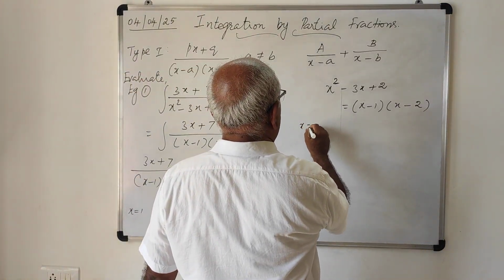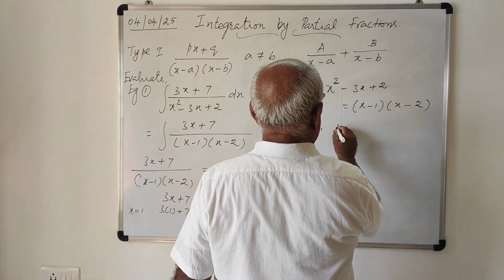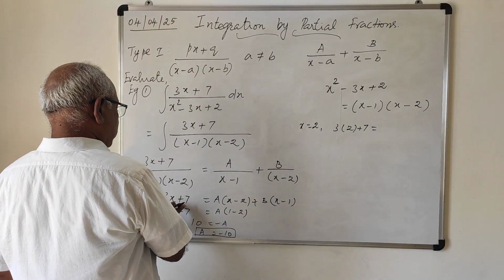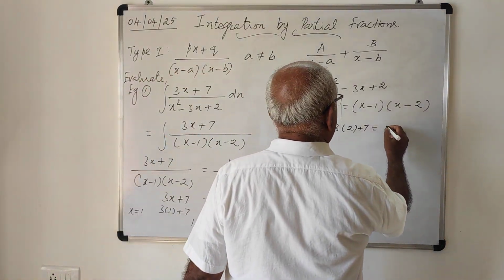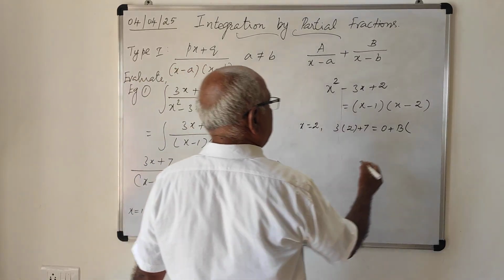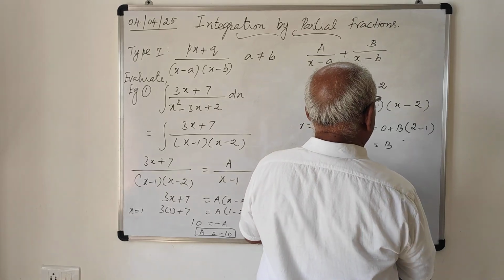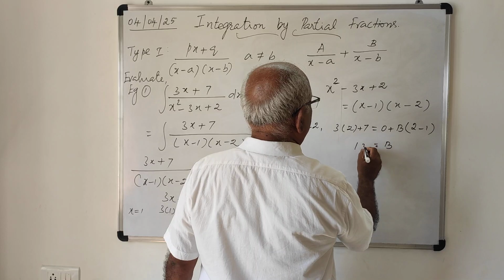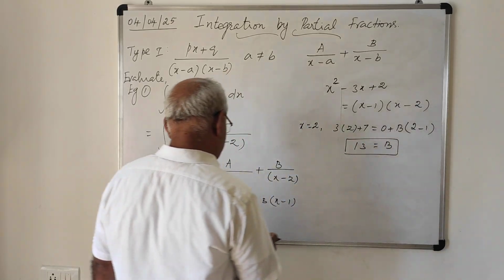Substitute x equal to 2 on both sides: 3 into 2 plus 7 equal to a into (2 minus 2), which is 0, plus b into (2 minus 1). 2 minus 1 is 1, so 1 into b is b. 3 twos are 6 plus 7 is 13. So b equal to 13, and a equal to minus 10.